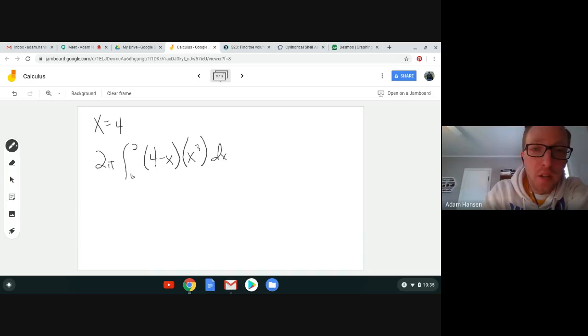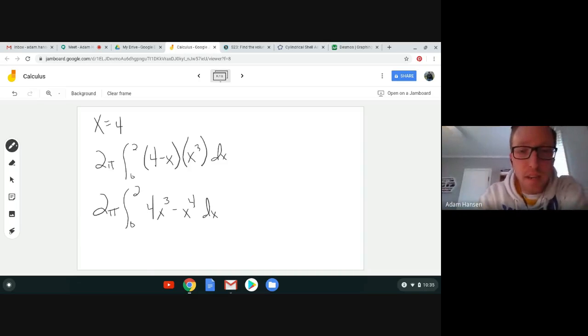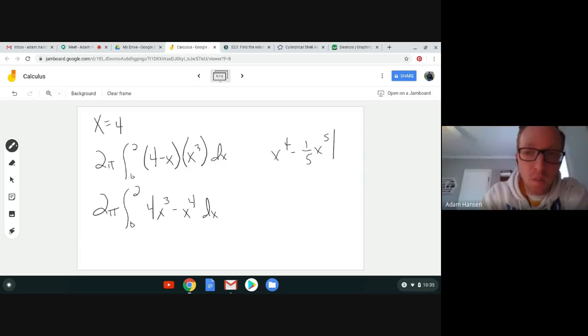Looks like 4x cubed minus x to the fourth once I simplify. And then when I find the antiderivative, x to the fourth minus 1/5 x to the fifth between 0 and 2. Don't forget the 2 pi out in front to carry through.